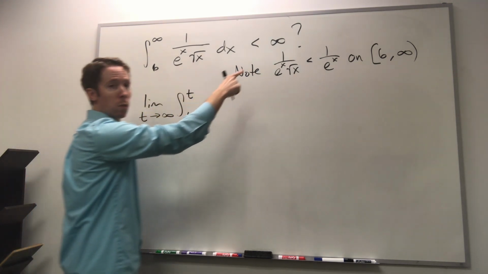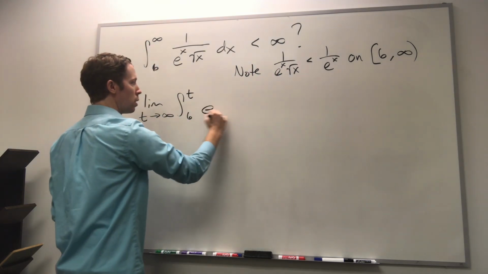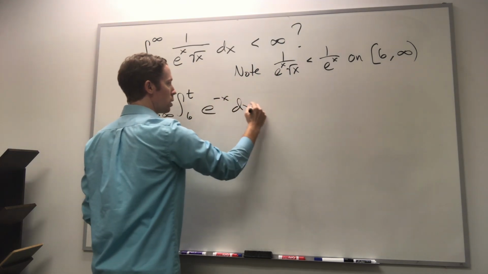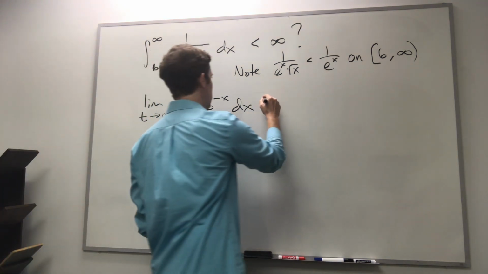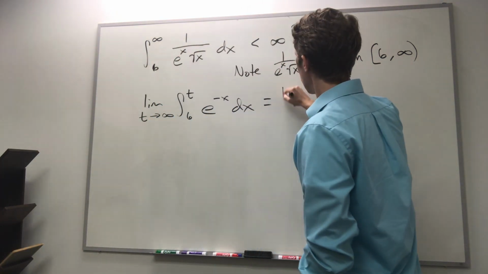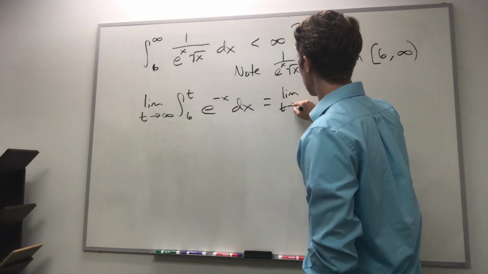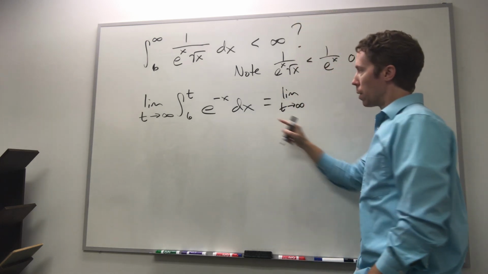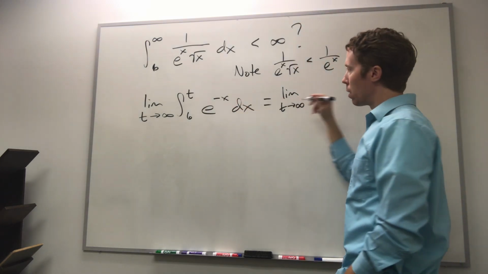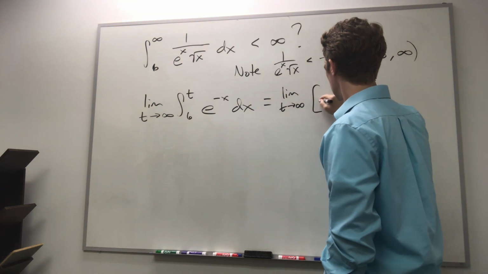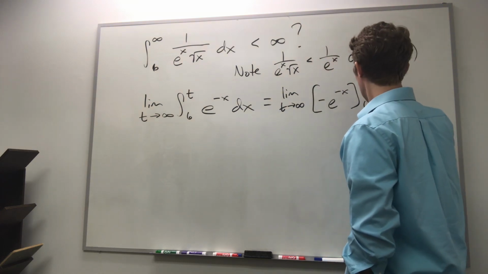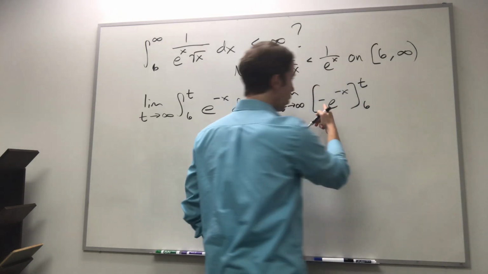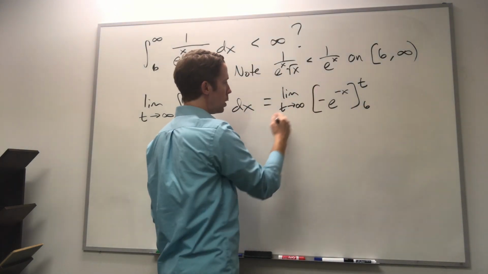And I'm going to think of 1 over e to the x as e to the negative x, because I can find that antiderivative quickly. The antiderivative here is negative e to the negative x. So I'm going to think of this as negative 1 over e to the x.